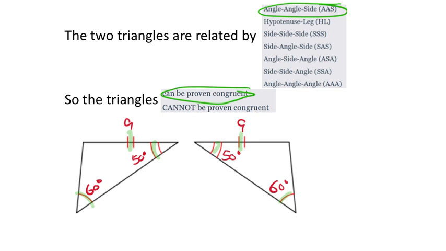If I were to look at two triangles and they had values like this, instead of markings, that would be okay for me to say, look, since these values are the same, it's angle, side, then that means that the rest of these, this angle is the same as this one, this side is the same as this one, and then this side is the same as this one. I can make that guarantee based on the way that these congruent statements work.